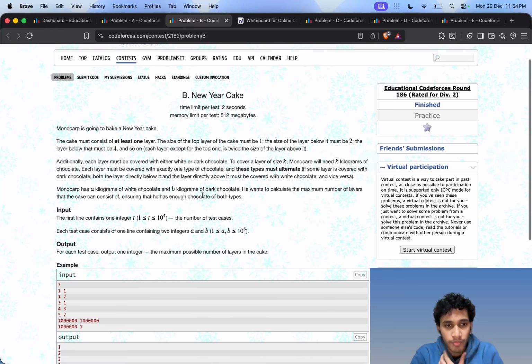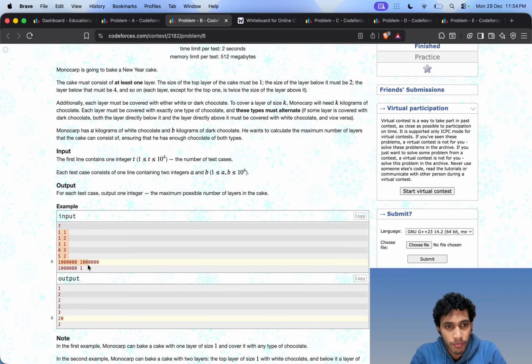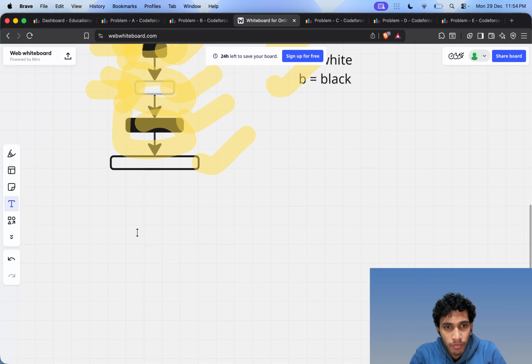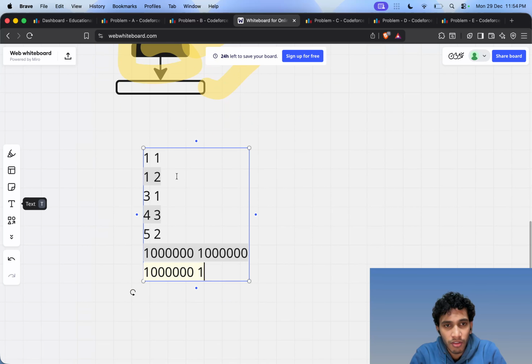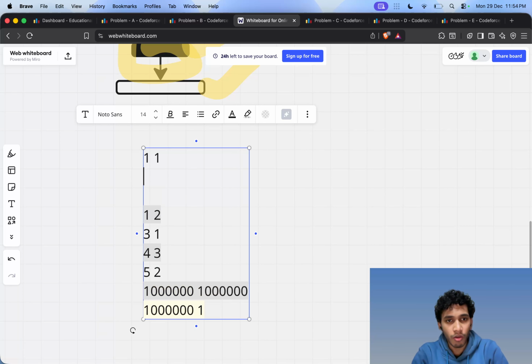Is it all right? So let's analyze some of the test cases we have. So this is the test case. In the first test case, we have 1 comma 1.